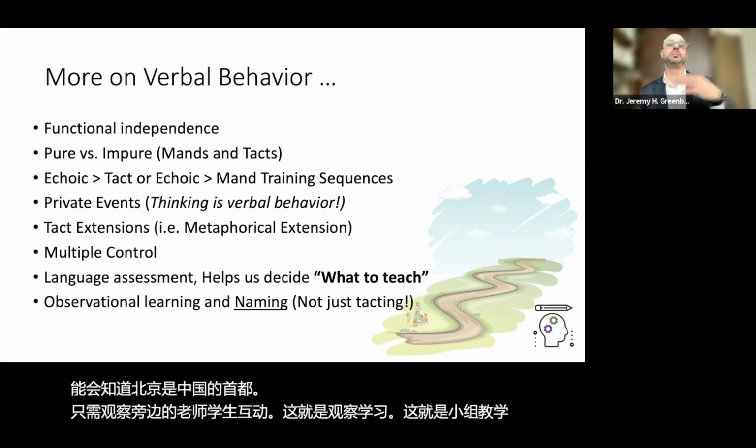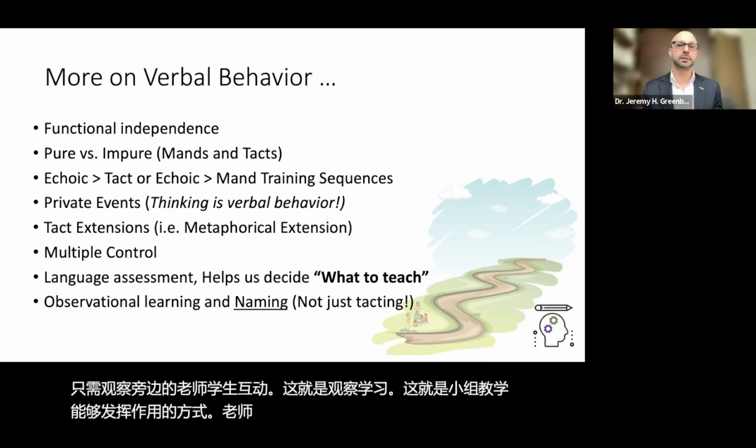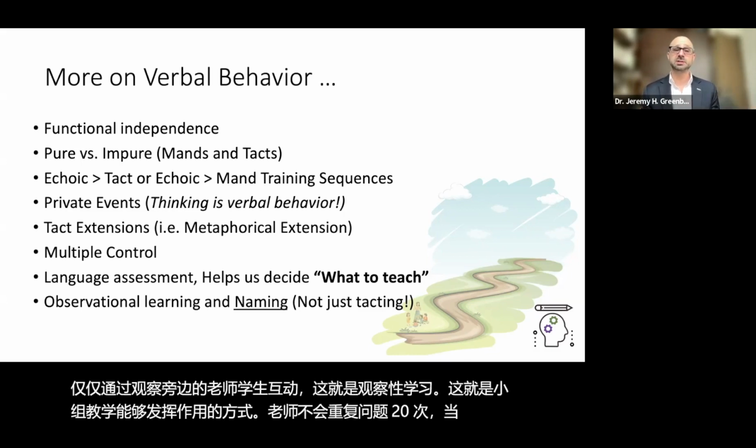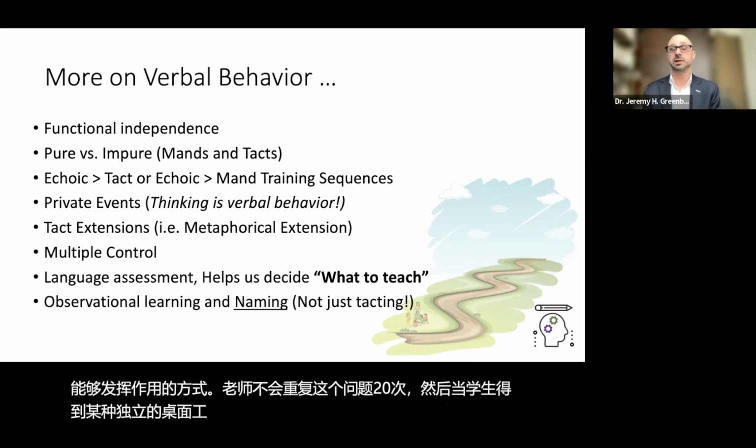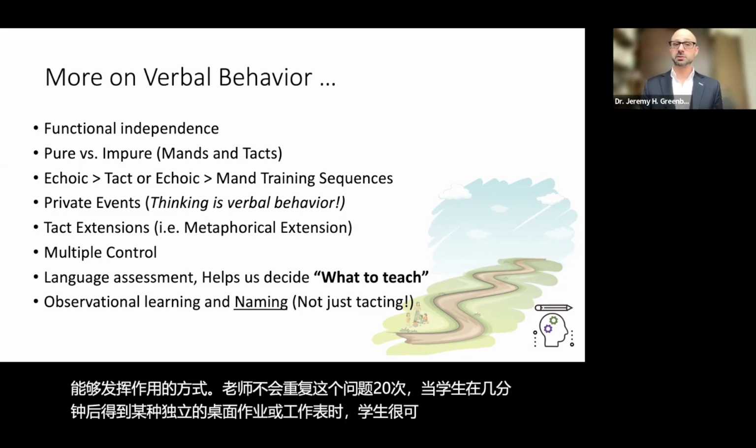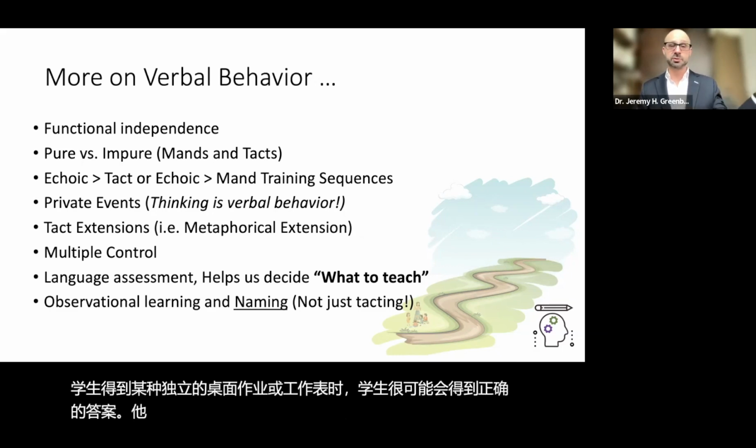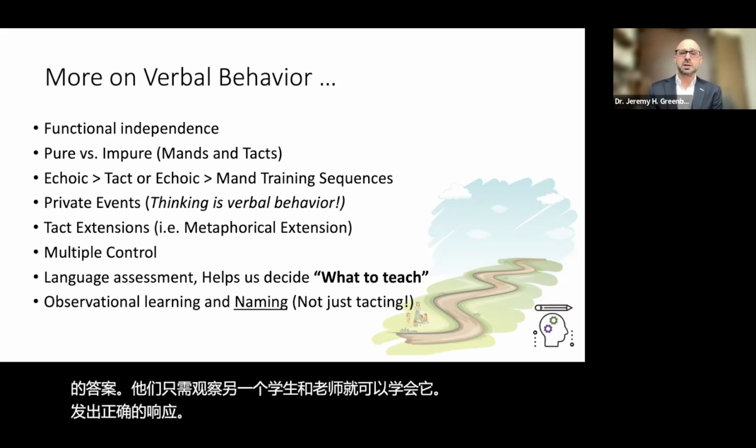The teacher doesn't repeat the question 20 times, and when the students then get some sort of independent desk work or a worksheet a few minutes later, the students are likely to get correct responses. They'll have learned it simply by observing another student and teacher emit the correct response.